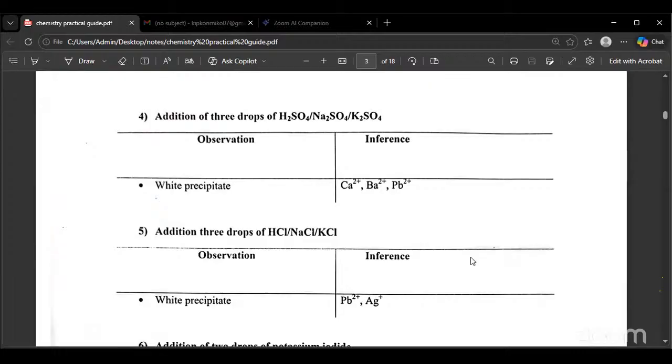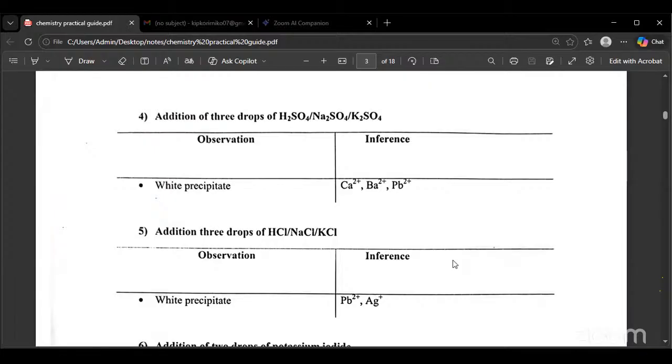So the next question is warm the solution. If it dissolves, you say it is lead chloride or lead ions present because it is lead chloride which is soluble. Is it making sense? Yes. Yeah, so that one is very important.